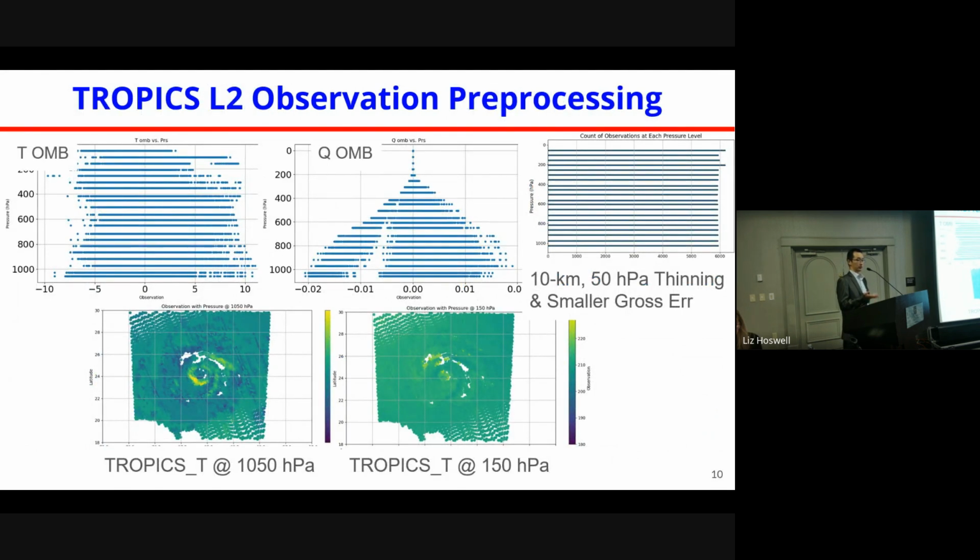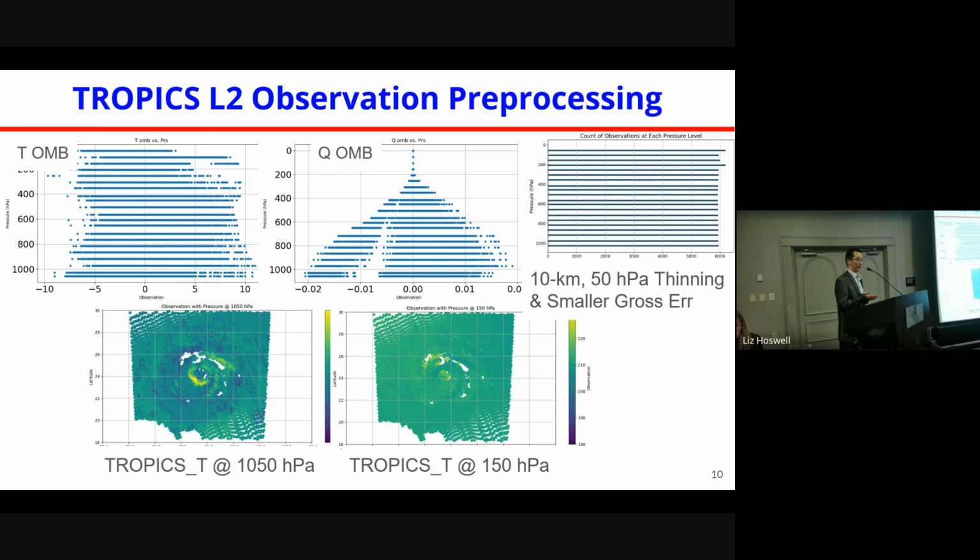So next, we do some preliminary QC, like pre-processing, to filter out the observations. What we are currently doing is a 10 kilometer horizontal thinning and a 50 millibar vertical thinning. We also apply a smaller gross error check so that OMB can be constrained within the 10K range. You'll notice that the lower panel here is what we got after the QC.